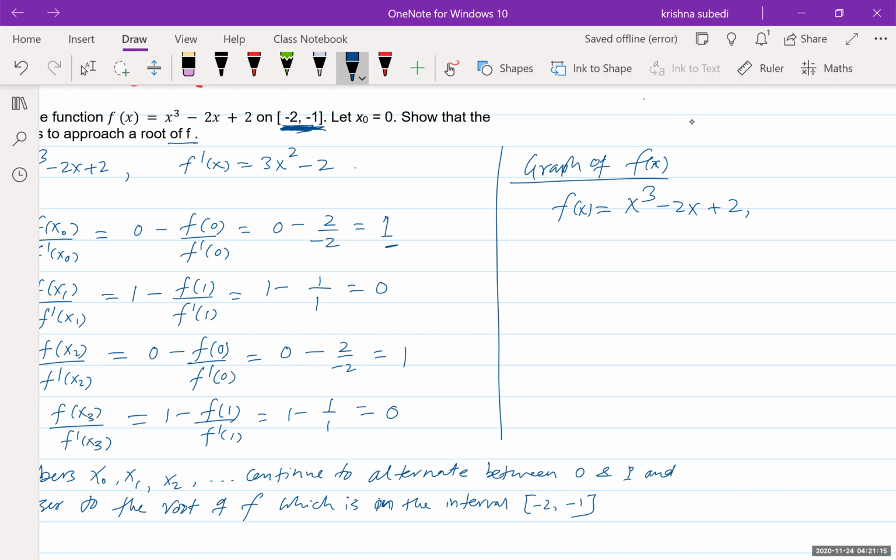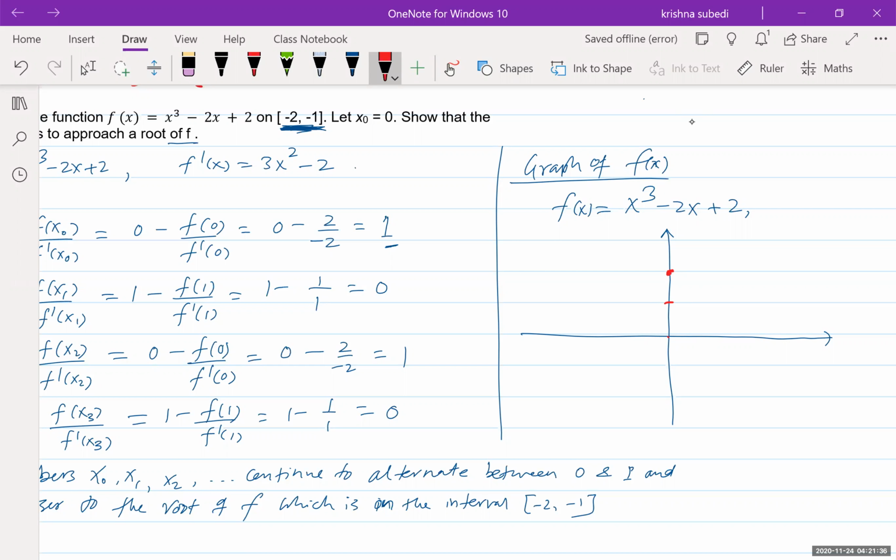So if I draw the graph, when x equal to 0, it is 2. So this is 1 and 2, let's say. So this will cross from here.